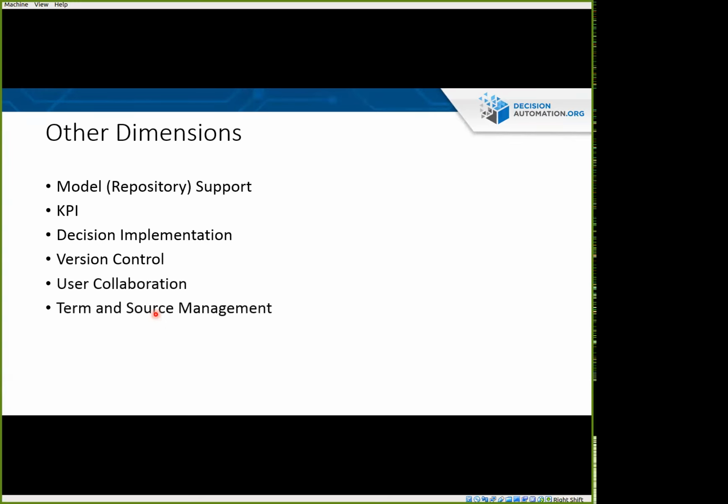Team and source management is about the support of shared vocabularies, dictionaries, ontologies, and it's a progression very similar to the very eloquent and excellent presentation by Denis Gagnon on Monday. And it also includes the integration of decision models with knowledge sources and the governance of those knowledge sources, and the use of knowledge sources as a potential means of helping explanation.